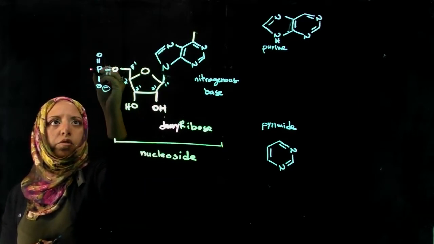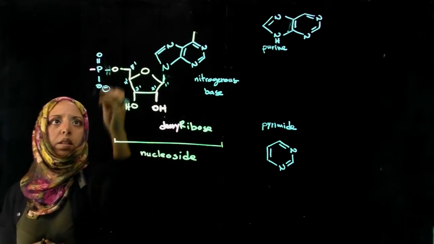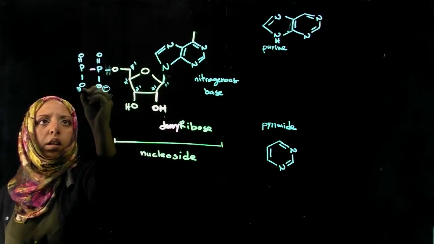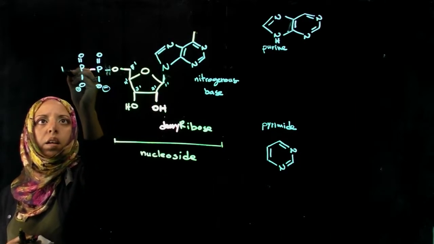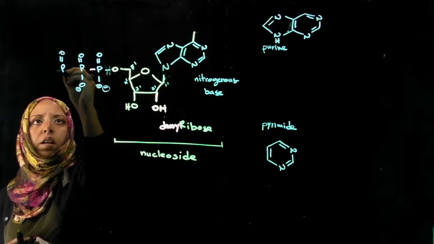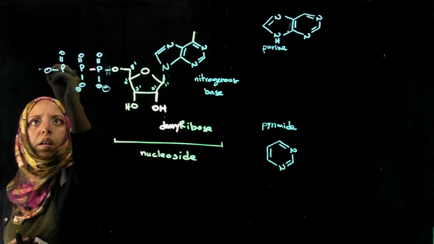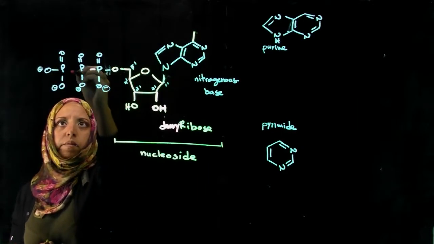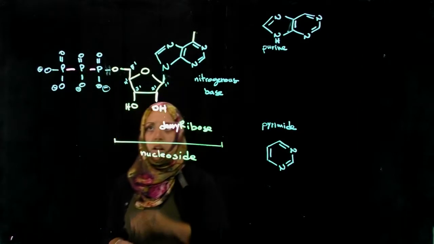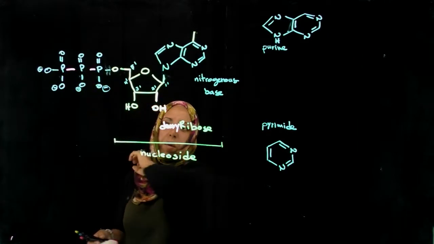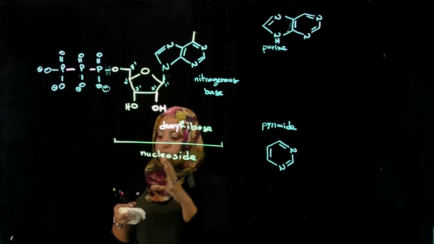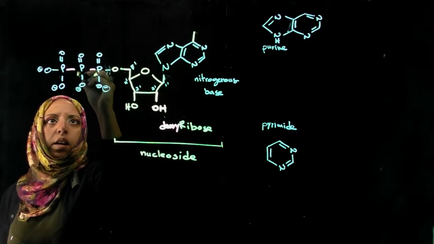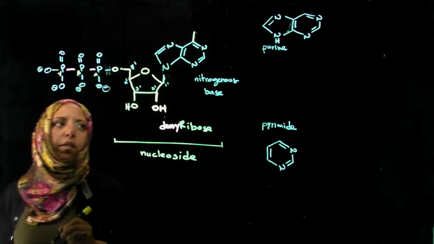I'm just going to change the color of those bonds. And we call this the alpha, beta, and gamma phosphate group. The one closest to the pentose sugar is our alpha, then our beta, and our gamma phosphate.